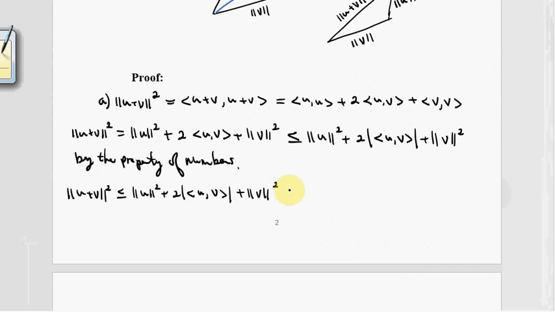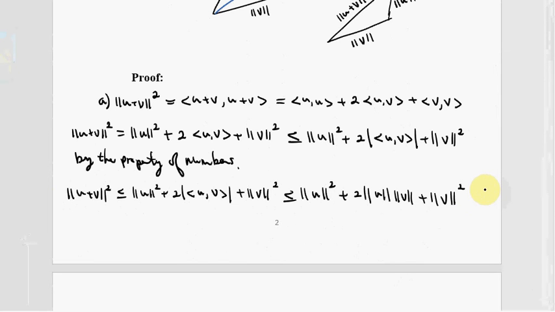Now, this is less than or equal to the norm of u squared plus 2 times the norm of u times the norm of v plus the norm of v squared. So now I've jumped from 2 times the absolute value of the inner product of u and v to 2 times the norm of u times the norm of v.